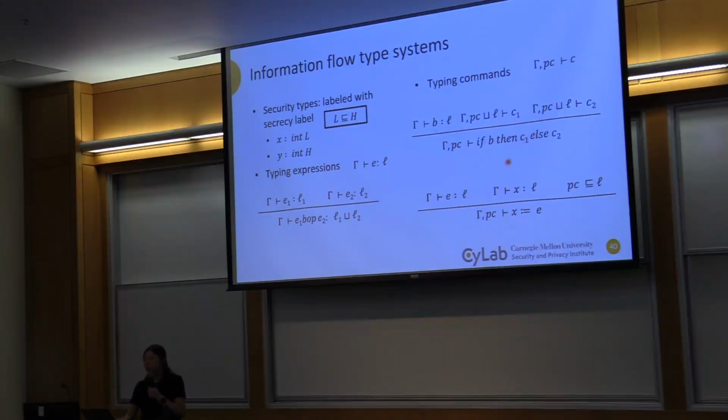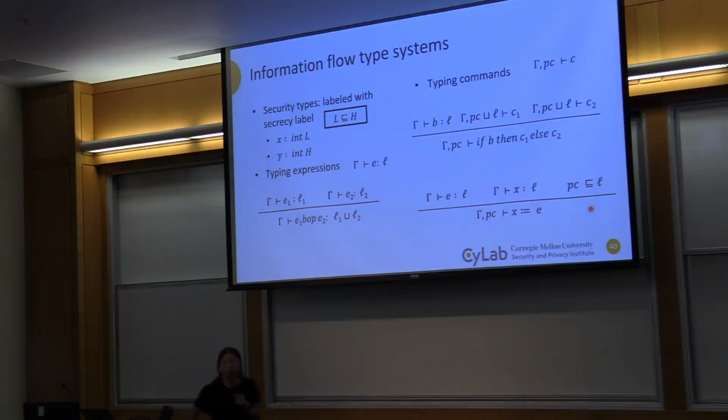You can do that. Here I'm doing a latent check. I don't know what C is doing, so instead I know what context C is operating under. Then when I get to the place inside C where the assignment happens, because I know what context I'm operating under, I can rule out the program. There is an equivalent system where you give C a label, checking what C is assigning to. If I assign to a low variable, I say C has label L. Then when I do a while loop or if branches, I need to make sure this condition holds. But here I'm saving that for later.